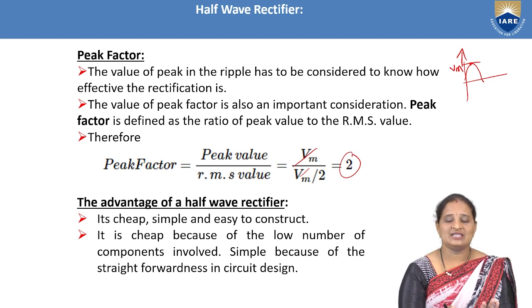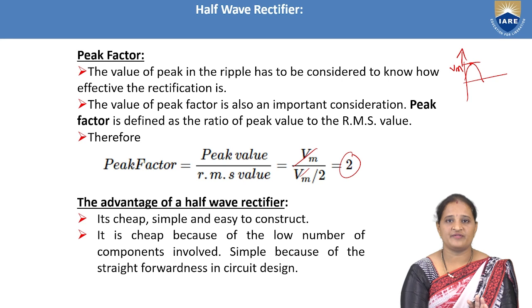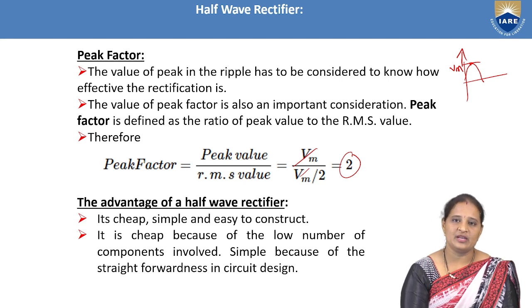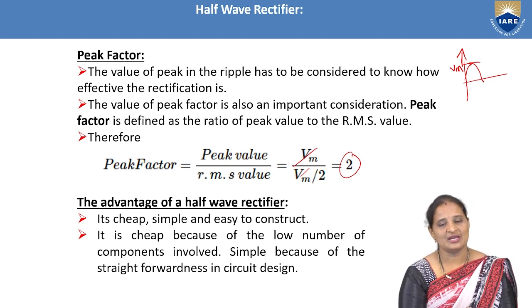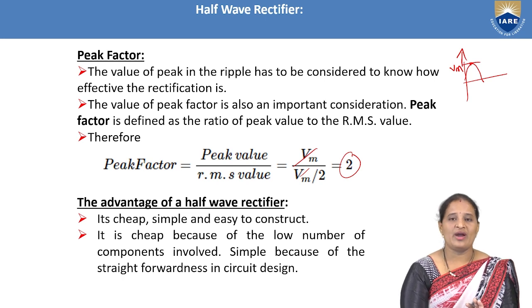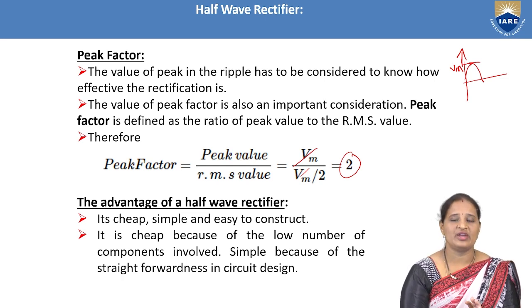Now let us have a discussion on advantages and disadvantages of half wave rectifier. The advantage we can observe from the half wave rectifier is it is simple, easy to construct and even cheap. Why is it simple? Because it has very few components: one transformer, one diode and one resistor.